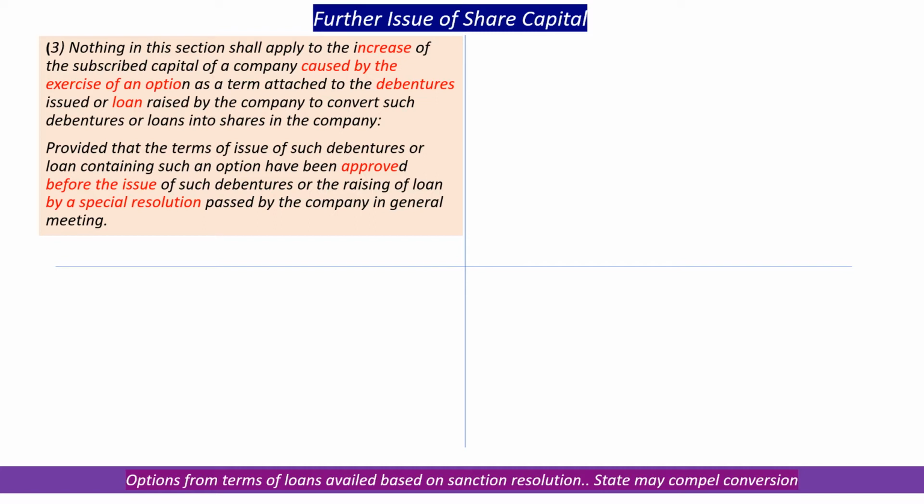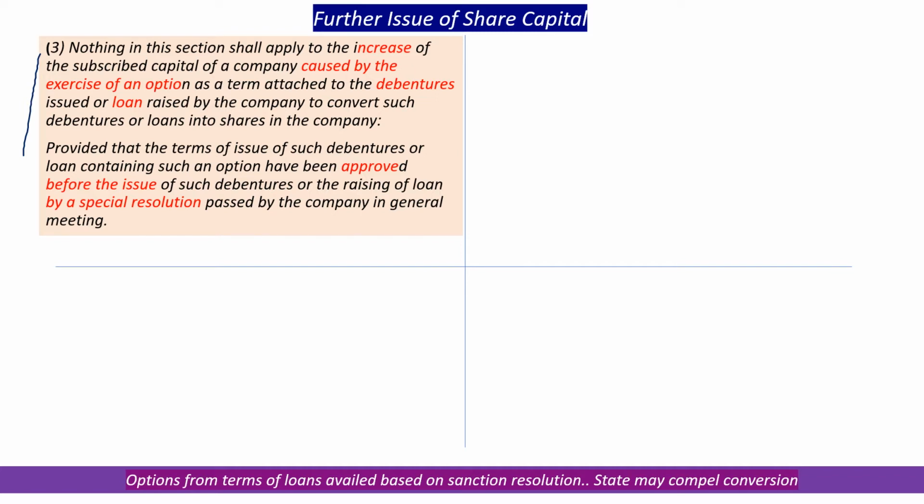And sometimes these rights issue, it says you cannot issue shares to others, but there is an exception. A company must have taken a loan or issued debentures. When it takes a loan or takes a debenture, there might be a clause in that debenture or the loan that in the event of non-payment or in terms of this issue, these debentures or loan will be converted into equity. This is an agreement which is already done.